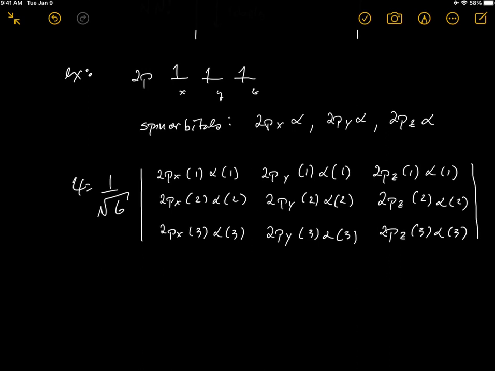I'm not going to necessarily show that it's antisymmetric with respect to exchange here. We might have a homework problem where we do that, but I'll leave that up to you as an exercise.